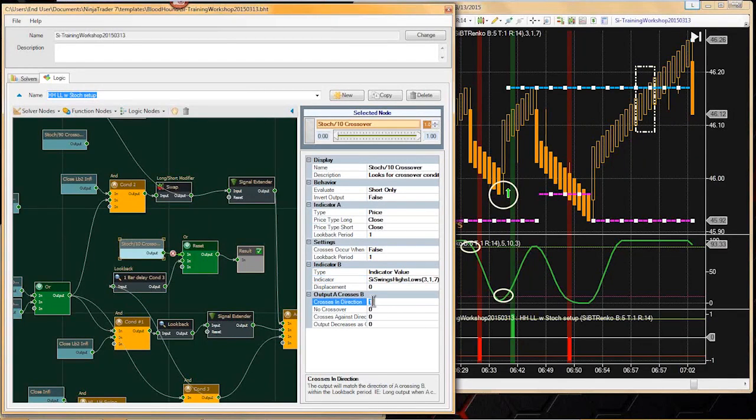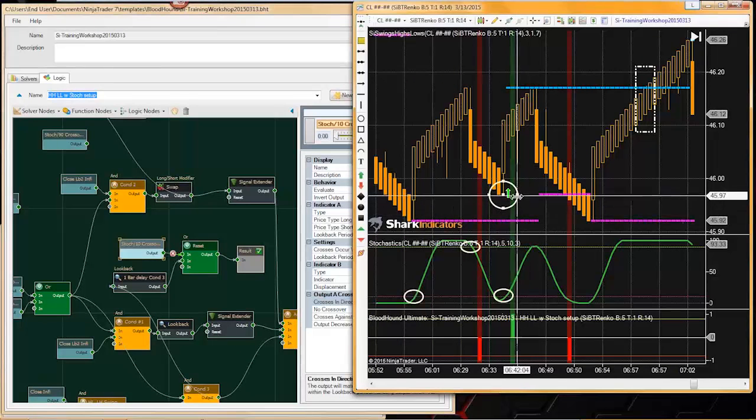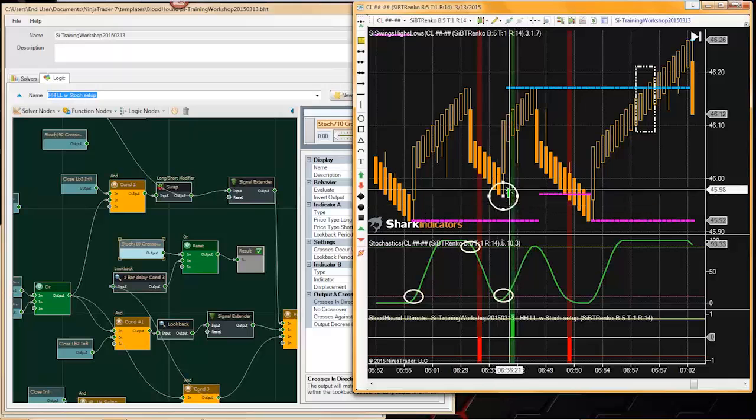And what I need to do is, well, let's take a look at the chart. So let me explain my thinking. I'm going to change the crossover solver's output, and the reason why is because, remember, a successful condition 3 is giving us a long output.